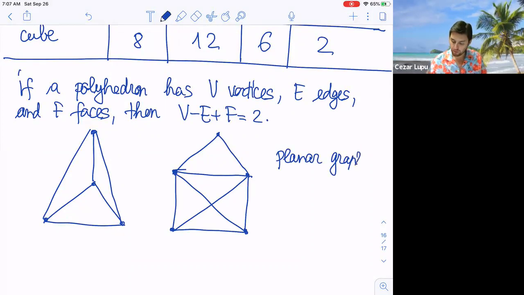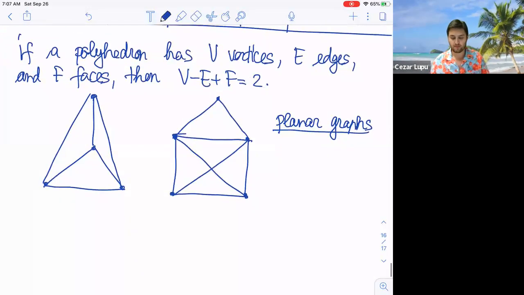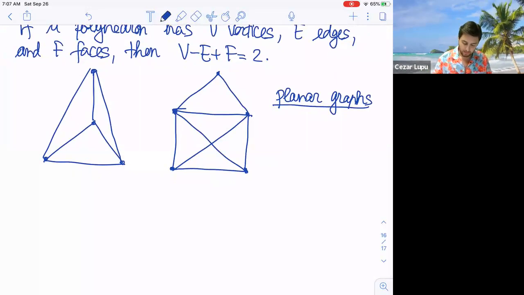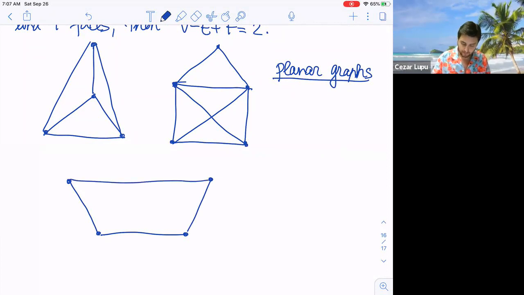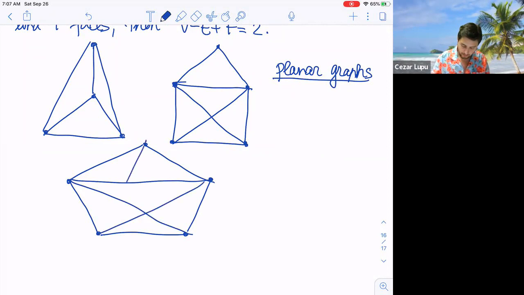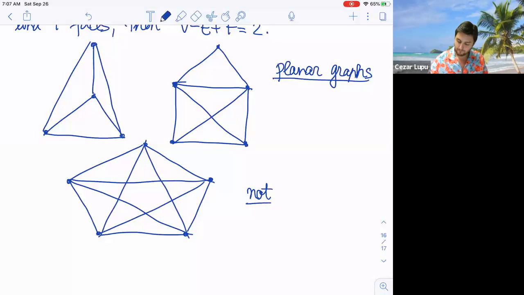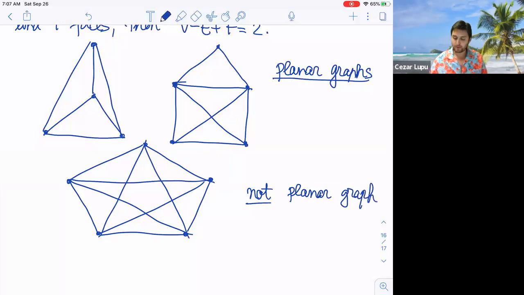But now let me give you an example of something that's not planar. Let me draw the following picture. And this won't be planar. So this is not a planar graph.